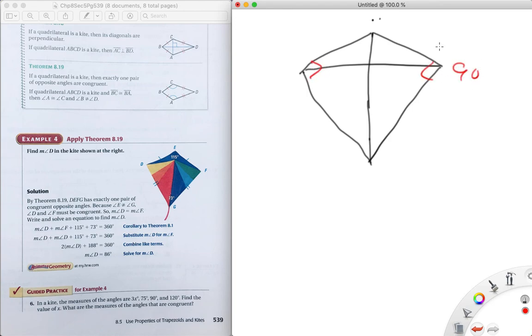So that's 90. This is 120. And this is 75. We'll make that 3x. Since opposite sides are congruent, I'm going to set 3x equal to 90 and x is equal to 30.